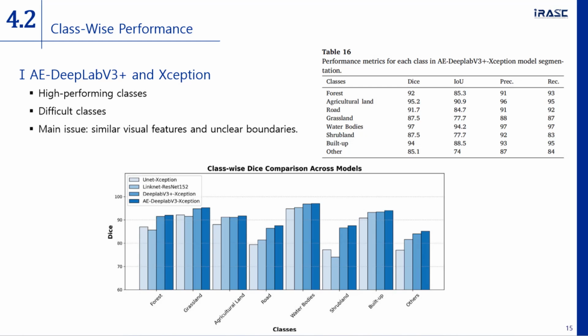In contrast, grassland, shrubland, and others may have unclear boundaries and high internal variation, making them more difficult to classify. Therefore, although the best model performs well overall, visually similar and ambiguous land cover classes remain challenging.